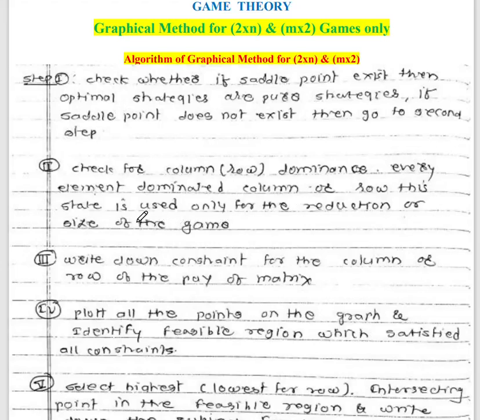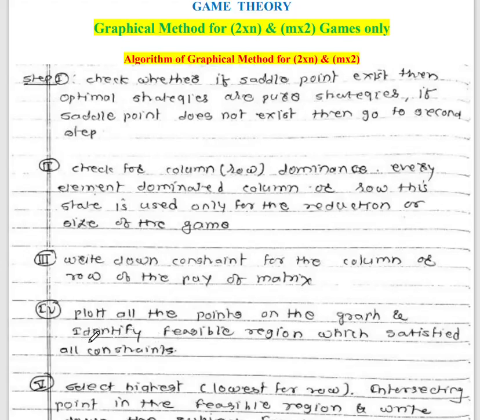Second step is to check for column or row dominance, whether every element dominates a column or row. This step is used only for the reduction of the size of the game. Then we will check whether the dominance property is applicable or not. Okay. Then write down the constraints for the columns or rows of the payoff matrix.